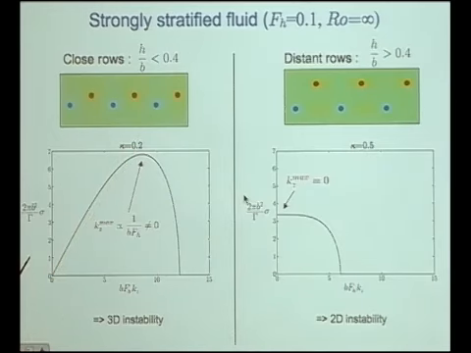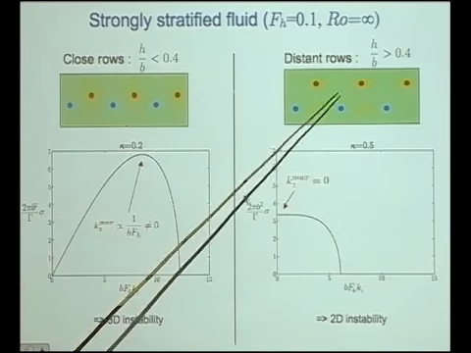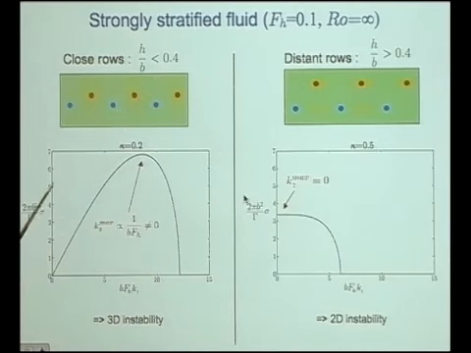So this is the first result for a strongly stratified fluid with a Froude number equal to 0.1 and without planetary rotation. There are two different cases depending on the spacing ratio: when it is lower than 0.4 and higher than 0.4. This is the growth rate as a function of the vertical wave number.